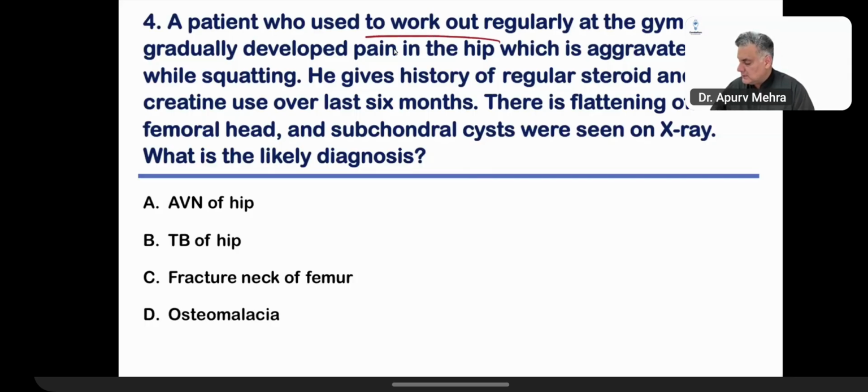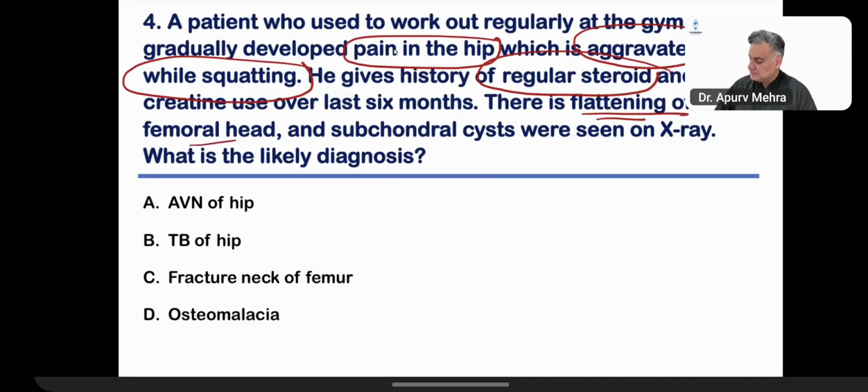Pain in the hip which is aggravated while squatting. Steroid use. Steroids in the hip joint, with flattening of the femoral head and subchondral cyst, means damage to the joint: avascular necrosis.